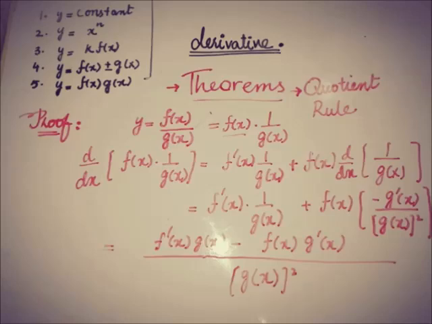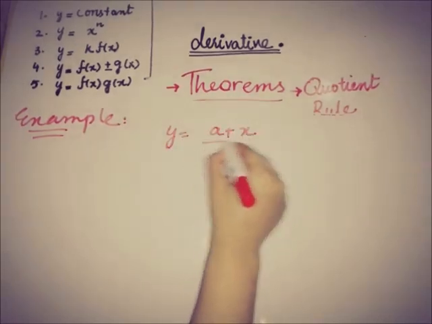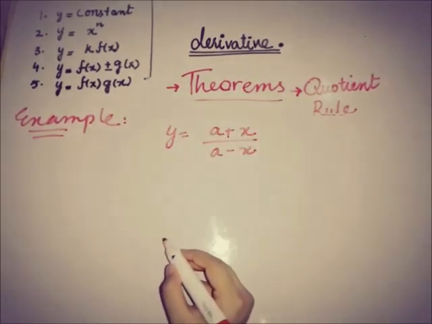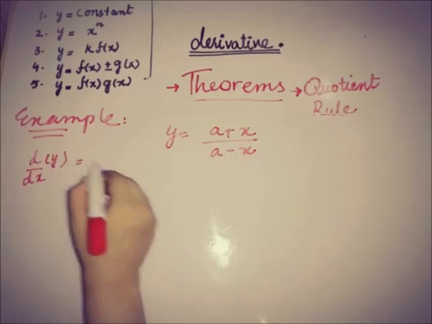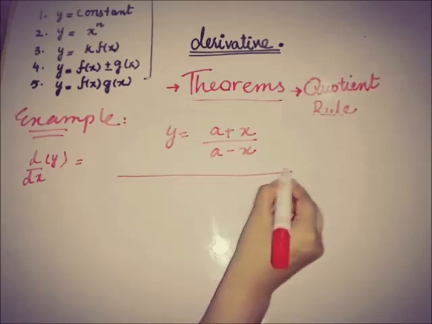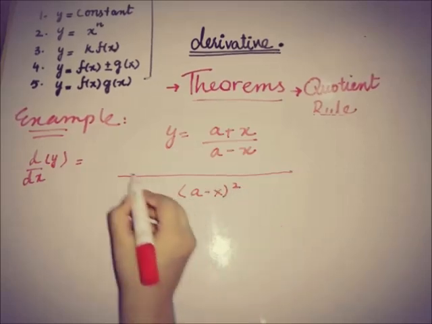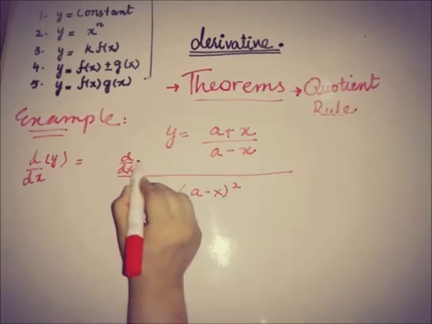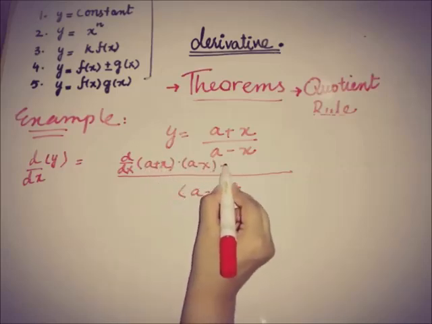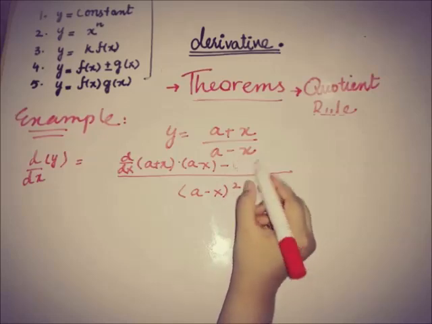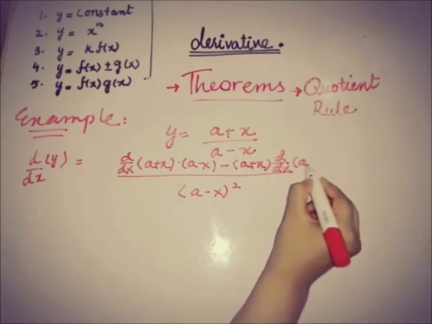Let's see an example. If the function is a plus x over a minus x, we can find the rate of change of the function by using the quotient rule. The quotient rule is the square of the function in the denominator, then the rate of change of the function in the numerator, the product with the function in the denominator, minus the function in the numerator as it is, and then the rate of change of the function in the denominator.